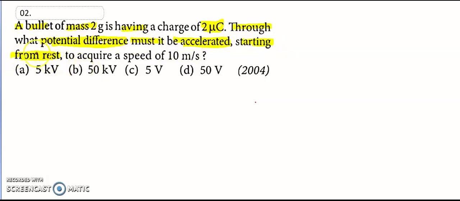Starting from rest means the initial velocity is 0. The final velocity is 10 meter per second. You have to find the potential difference V.